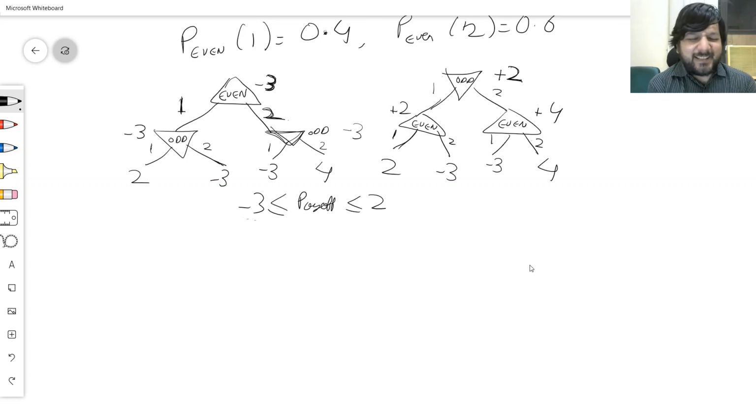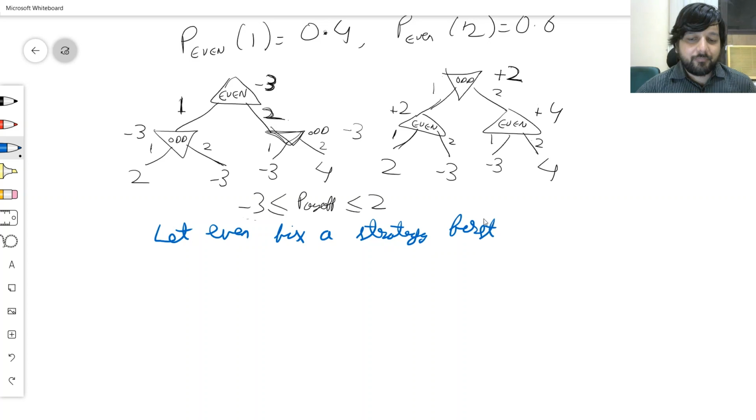Now in reality that's not what will happen. So what I do instead is let even fix a strategy first. I fix a strategy for even and publicize it so odd knows even's strategy.